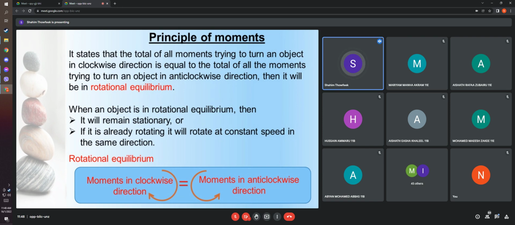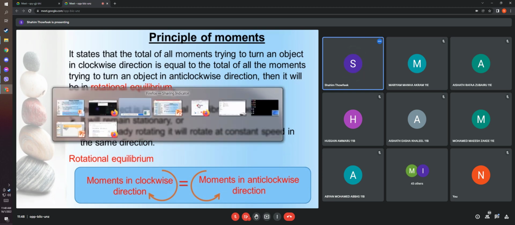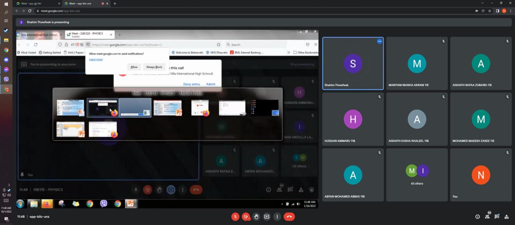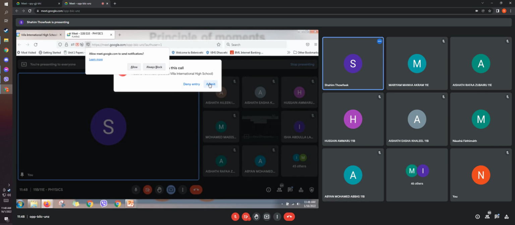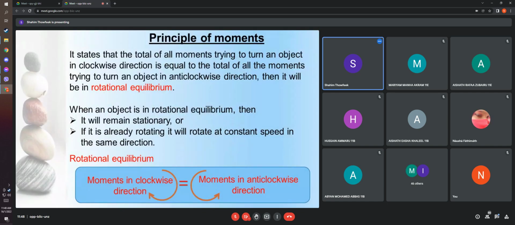If the object is rotating and is in rotational equilibrium, then it is rotating at constant speed in the same direction. So for rotational equilibrium, you can write an expression: moments in clockwise direction equal to moments in anti-clockwise direction.